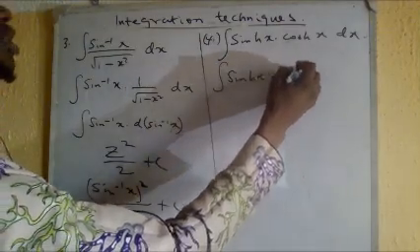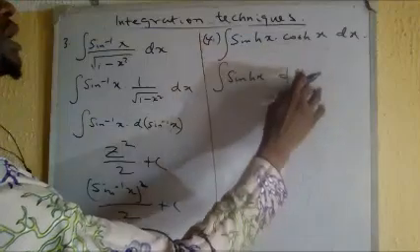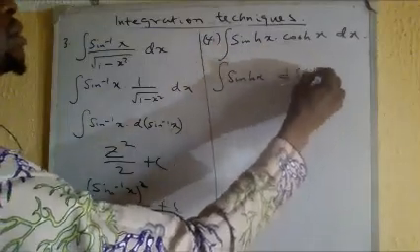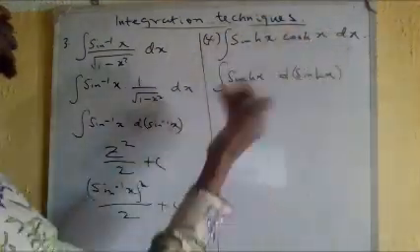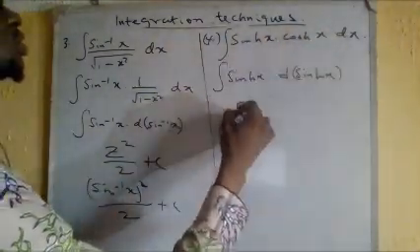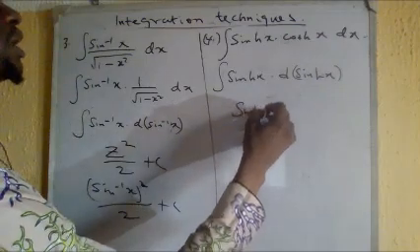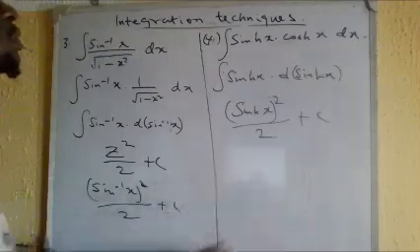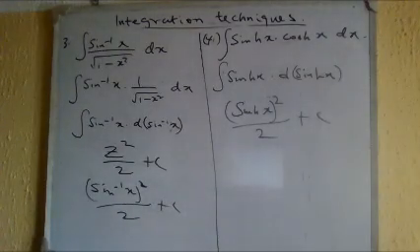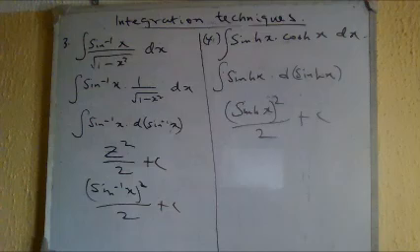Will it give me what I have up there? Yes, it will, because if I differentiate sine x, I get cos x. So just say sine x squared over 2 plus c. So basically, that's how we can solve it.